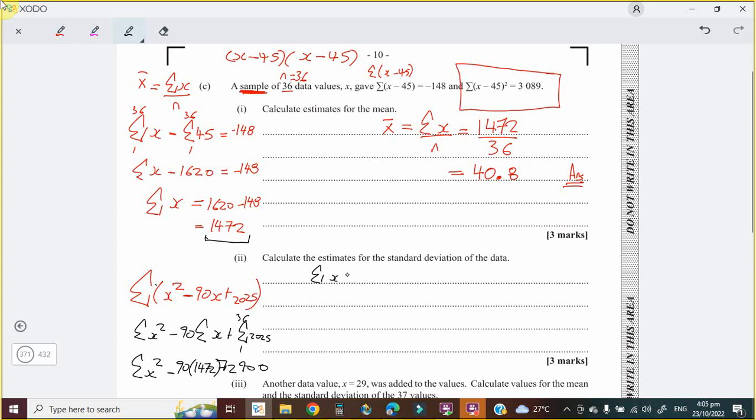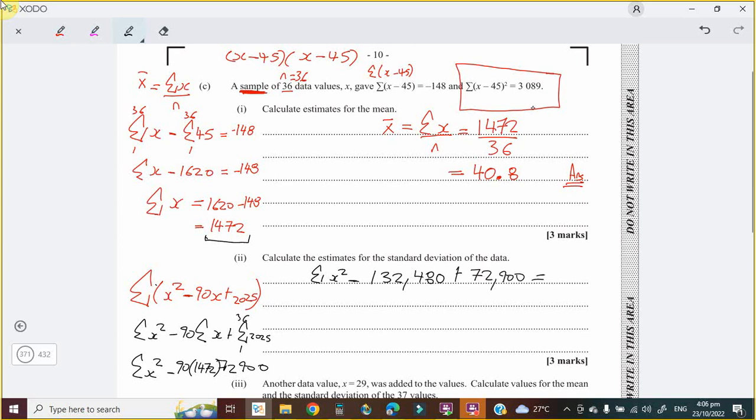So now we have the sum of x squared minus, how much you say? 132,480 plus the 72,900.